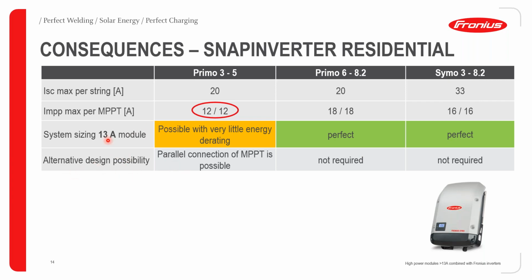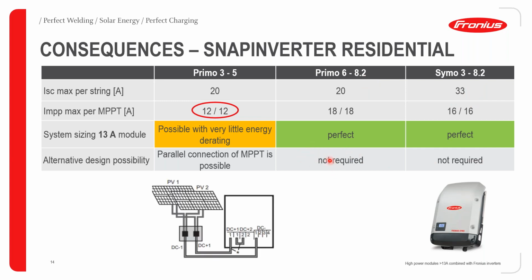When you're connecting this 13 amp module to the Primo 3 to 5 kilowatts, because there is this bit of expected derating, you can connect the 2 MPPTs in parallel to mitigate this derating of power. However, for the Primo 6 to 8 kilowatts and the Symo 3 to 8 kilowatts, the paralleling of the MPPTs is not going to be necessary.